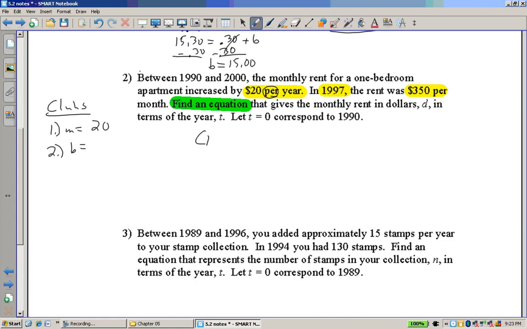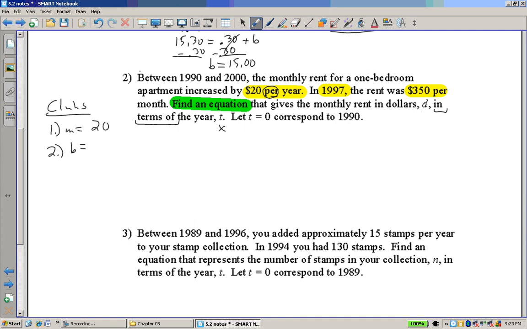Now, I could put 1997 as the year t. Now, this is interesting. Do I put the 1997 in the back? Do I put it in the front? Where does it go? Here's what you need: "in terms of." In terms of the year t, what comes after the "in terms of" is usually my x.